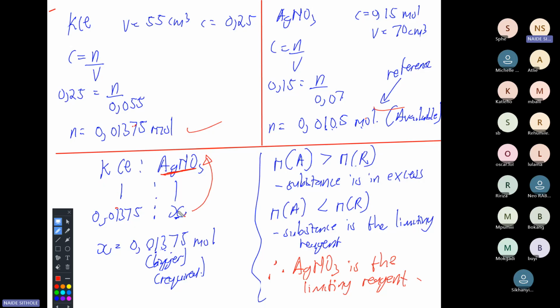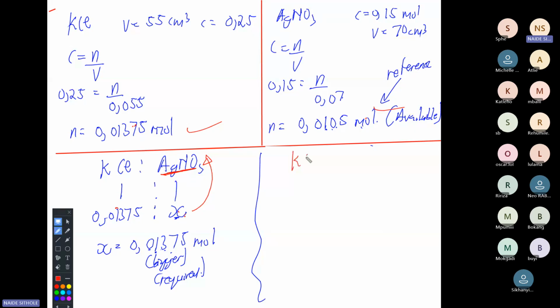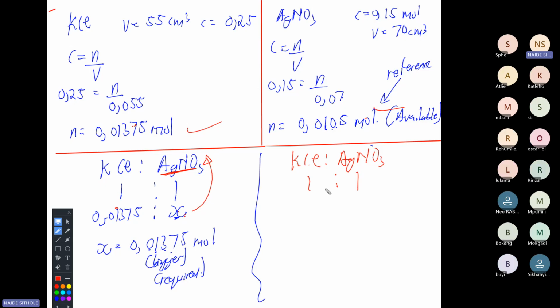Let's say I had decided to do this. Let's say I had said KCl and then AgNO3, so 1 is to 1. Then I put X here, and here I would put 0.0105 and cross multiply, giving 0.0105 mole.